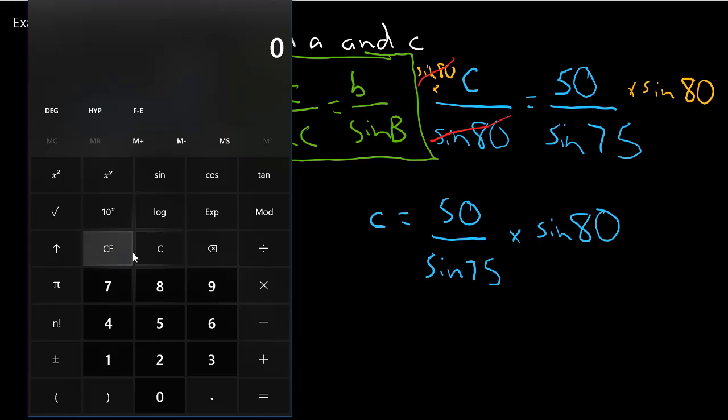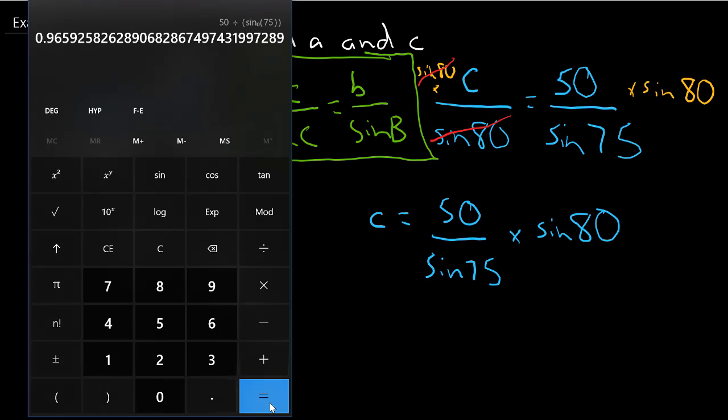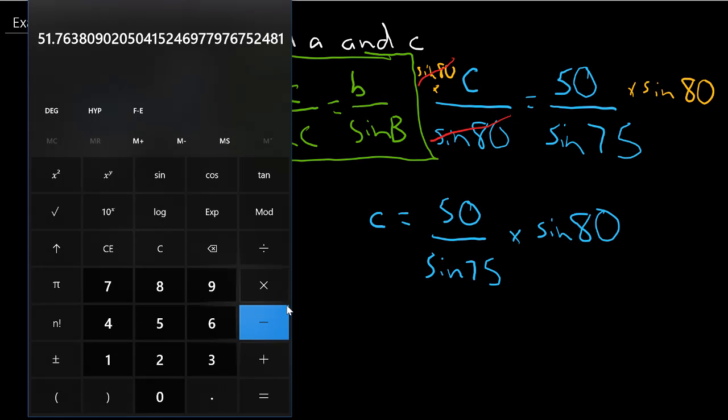So now that I have my calculator out, I'm just going to punch this in. So 50 divided by, I'm going to use a bracket, 75 sine, and that bracket equals that. So again, I figured out this part of the equation first. Now I'm going to multiply it by this.